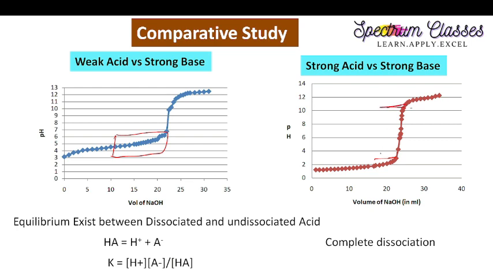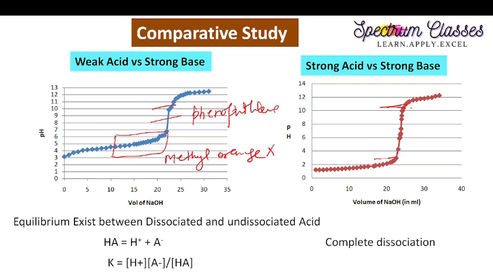Now which kind of indicator are we going to use in these two different types of titrations? Here, since the change from 3 to 6 is gradual, methyl orange will not work. But here, since the change is in the range from 8 to 10, we can use the phenolphthalein indicator.